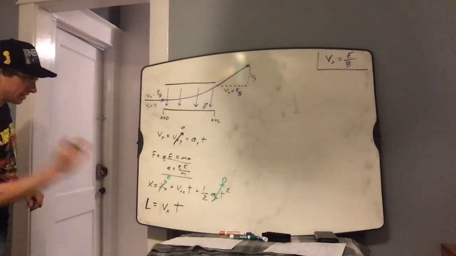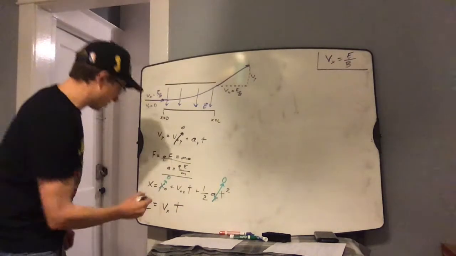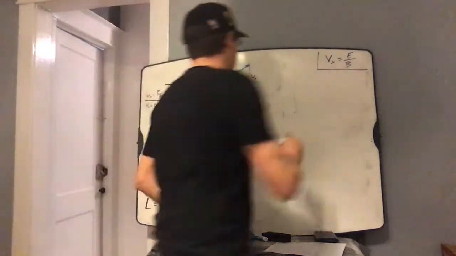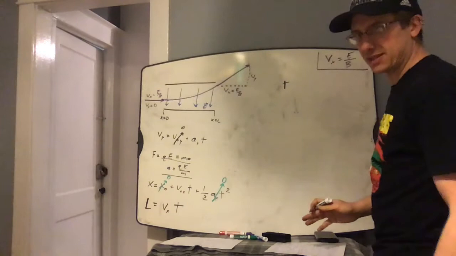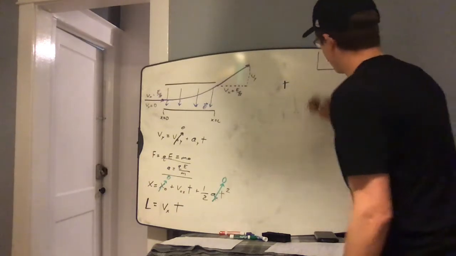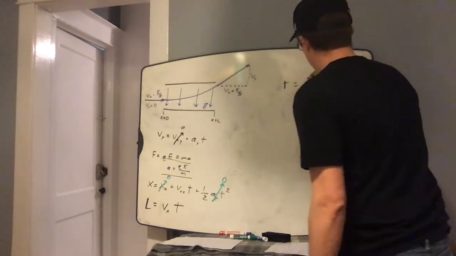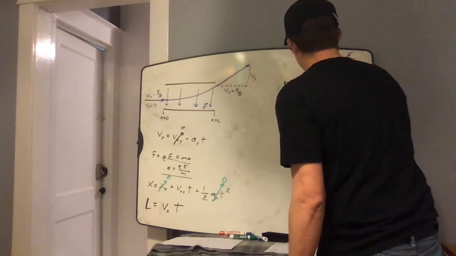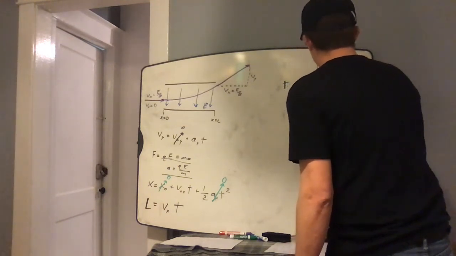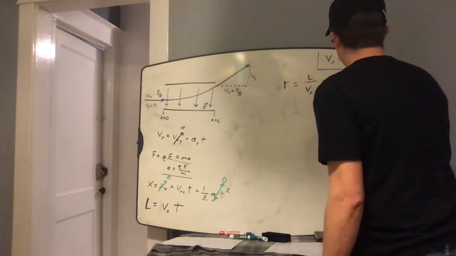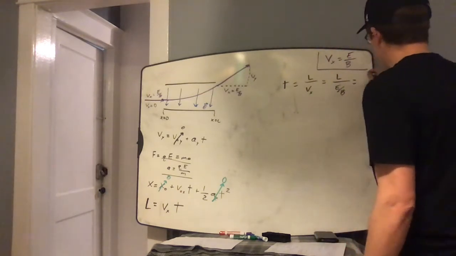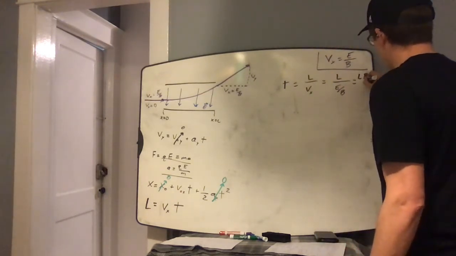So from this equation, the time the electron spends between the plates is going to be equal to L over Vx, which is going to be L over E over B, which is going to be LB over E.